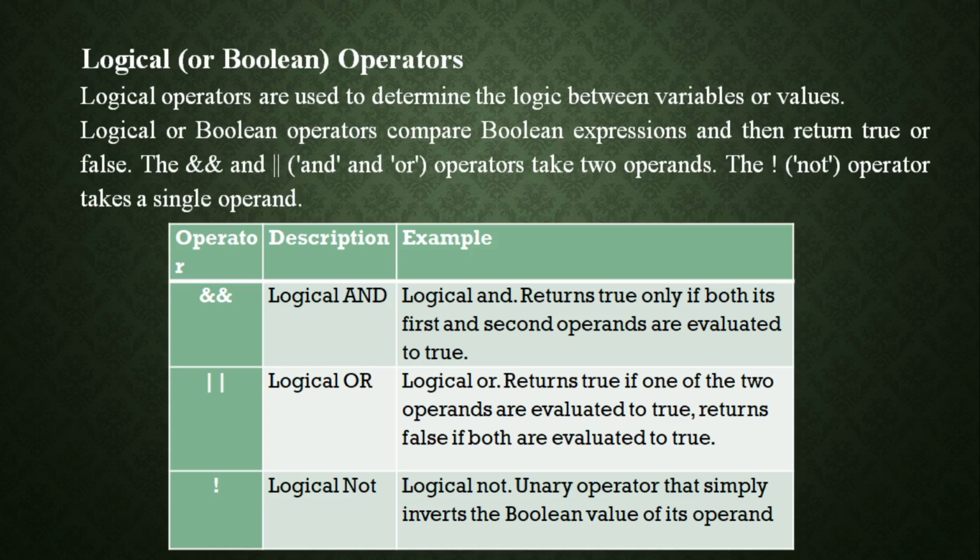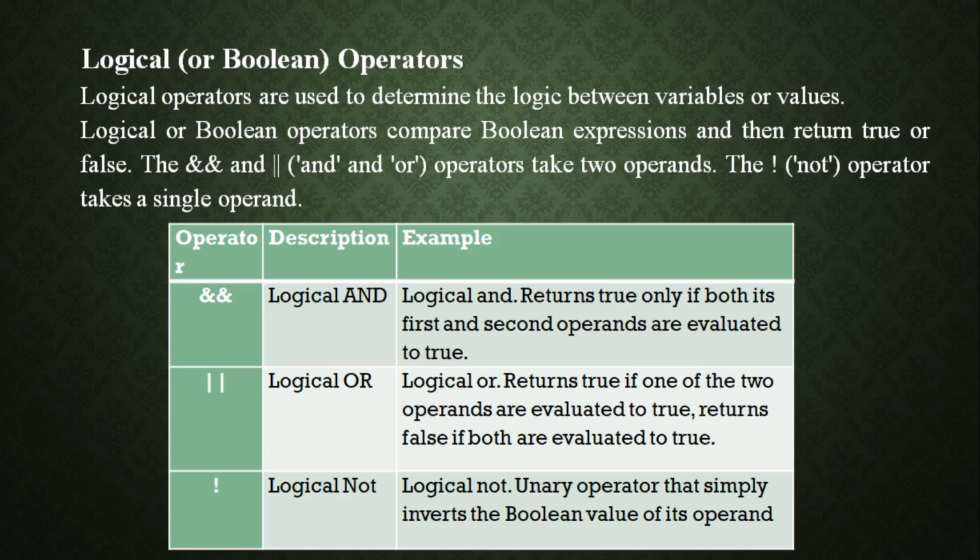And the next type of operators are logical operators or Boolean operators, like logical AND, OR, NOT. What does this logical AND do? This logical AND returns a true value only if both the statements are true. It means if its first and second operands are evaluated as true, then it will return true, or else false.